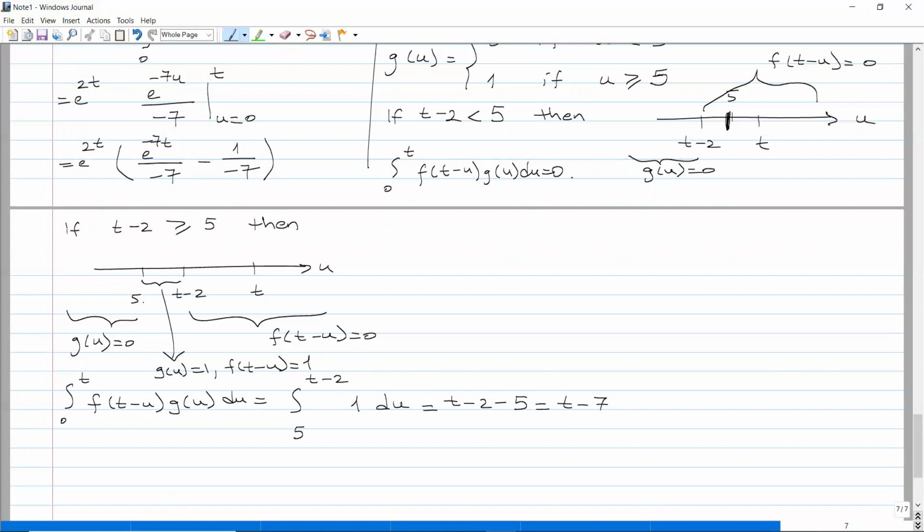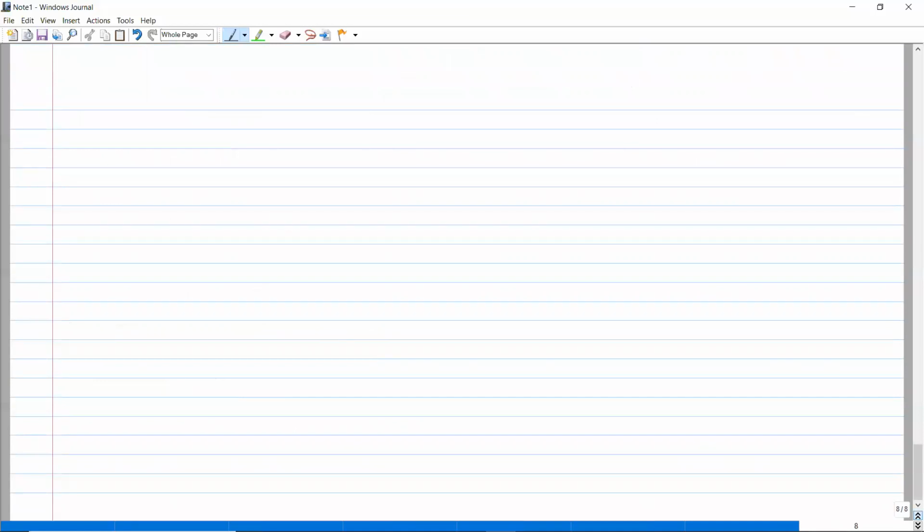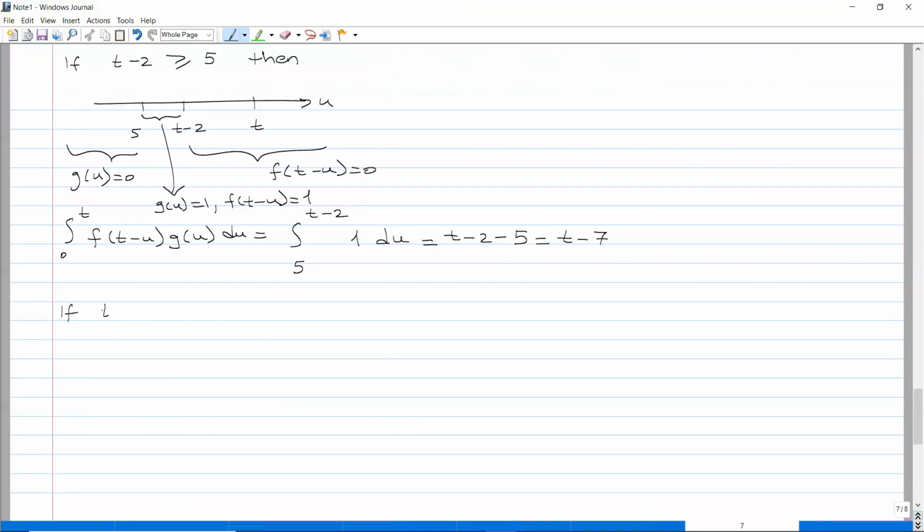And if 5 is equal to t minus 2, if 5 and t minus 2 are both the same number, then the result is 0. But t minus 2 equal to 5 means t equals 7. And either as the integral or with the formula t minus 7, the convolution is 0.